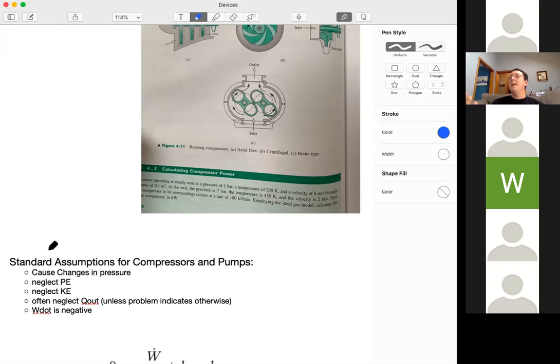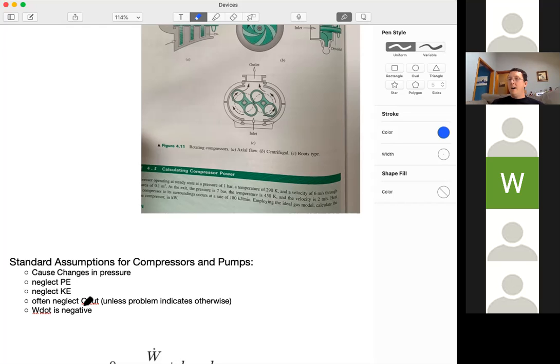There would be some change in kinetic energy, but numerically it comes out to be a small effect. So you would typically drop this unless the problem specifically gave you those numbers, and then you would use it, like in the example we did last class. So usually ignore potential energy, ignore kinetic energy.